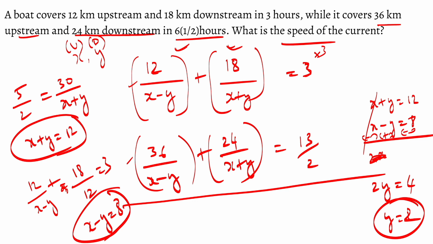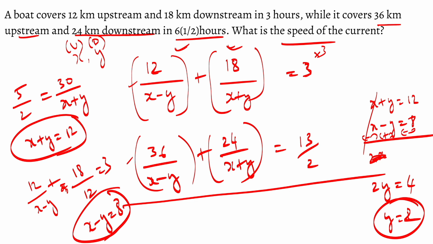Just remember the difference between the relative speeds that we calculate in the train concept and the relative speed concept in boats and streams. In the train concept, when two trains move towards each other in opposite directions, we add the speeds.